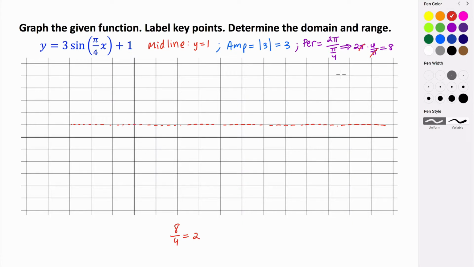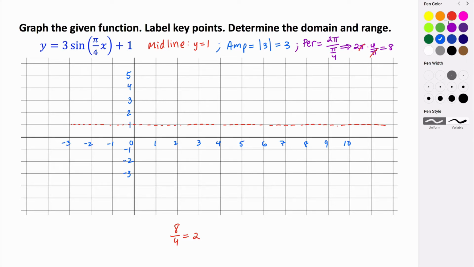So on the y-axis, we label 1, 0, 2, 3, 4, 5, -1, -2, -3. And then on the x-axis we're going in whole units: 1, 2, 3, 4, 5, 6, 7, 8, 9, 10. And then we can also label it in the negative direction.